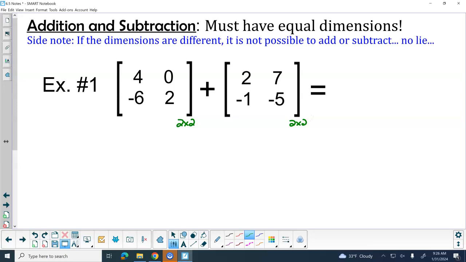Okay? So if they are the same, which in this case they are, then we simply add or subtract the corresponding elements.